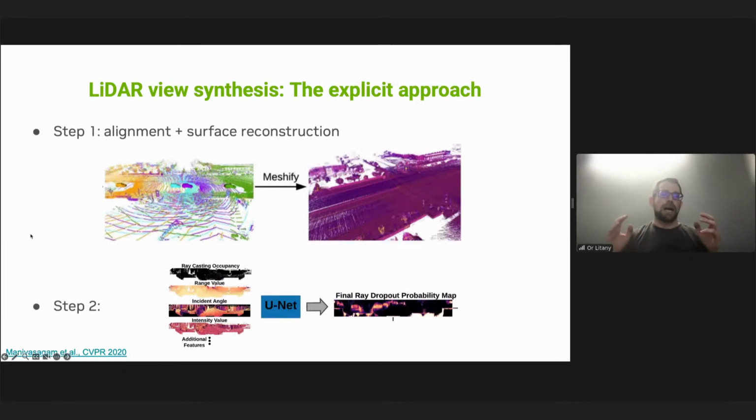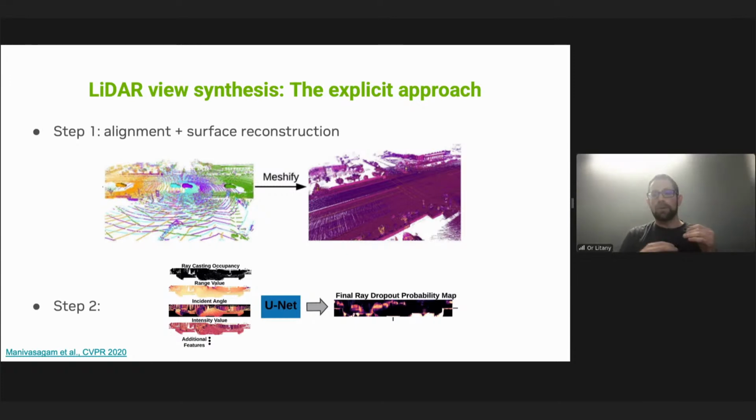Now, how was this done before? Using a two-step procedure. First, you drive, then you take your points and reconstruct the surface from them, and then hopefully you can take those surfaces with some learned features and learn a function that maps them to what the LiDAR would see. Just a quick reminder, two slides ago I said NeRF is great at its job because it directly optimizes for the task of novel view synthesis.